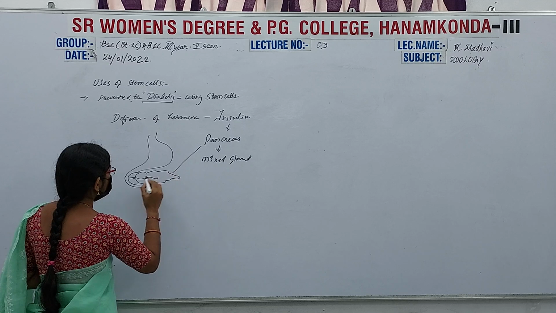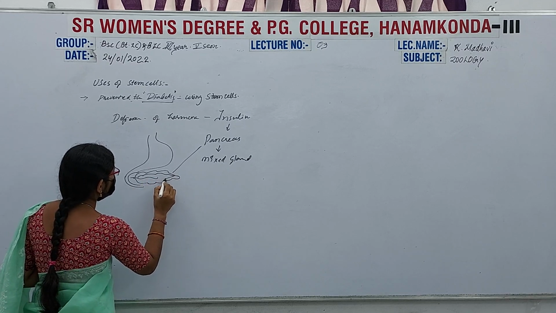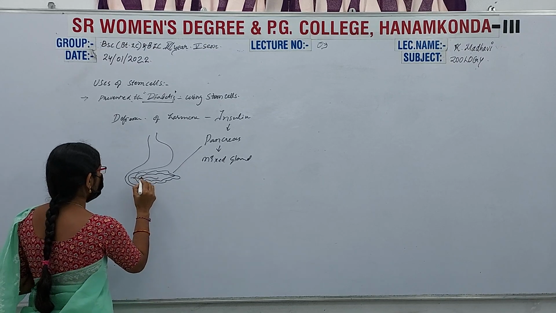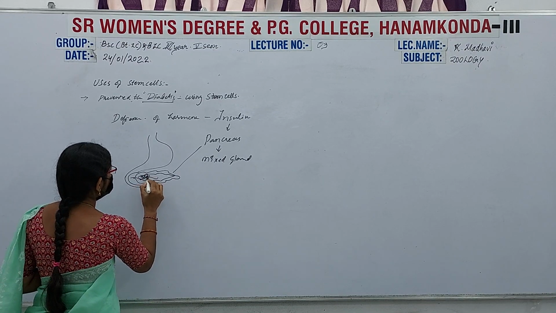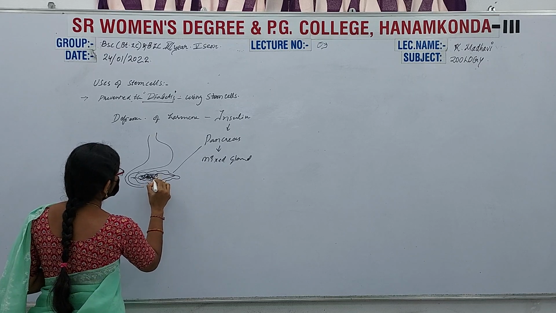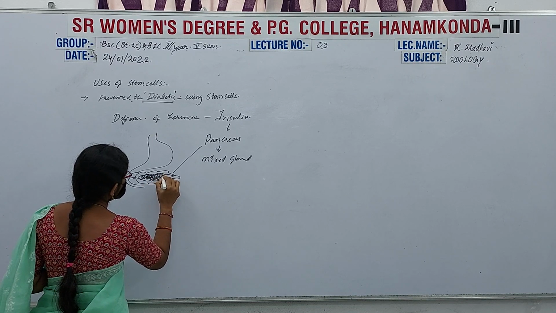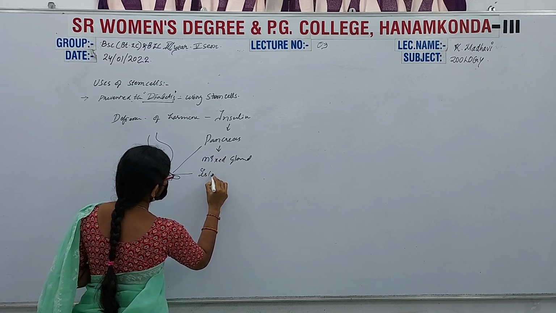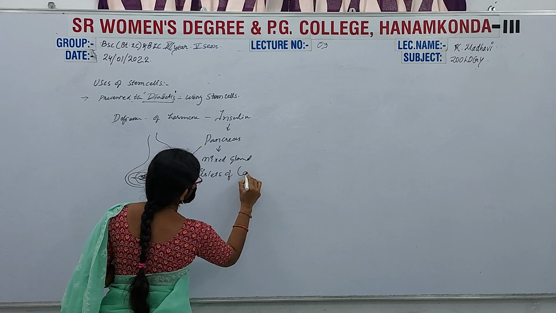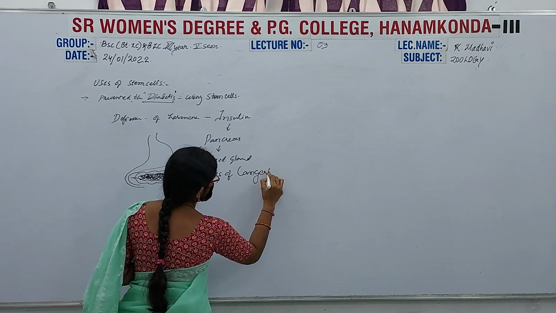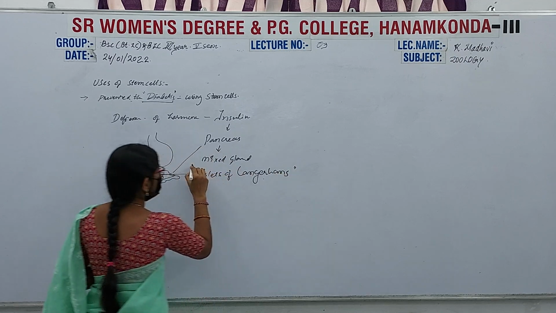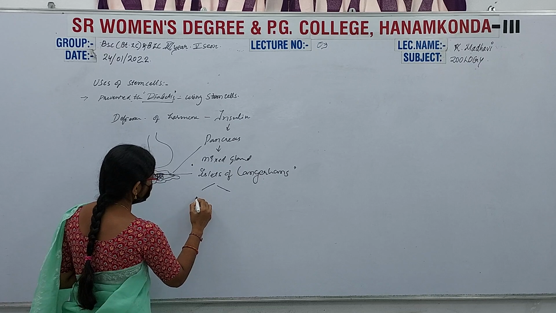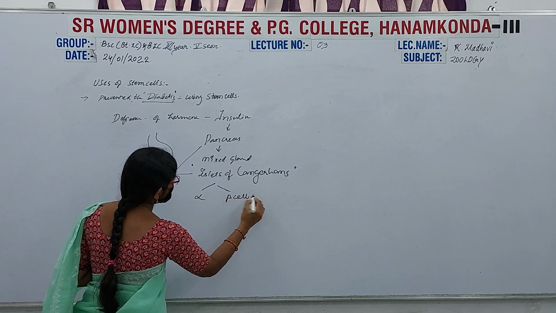This is the pancreas. In the transverse section of the pancreas, we find many islets of Langerhans. These islets of Langerhans synthesize or produce insulin. They contain two types of cells, alpha and beta, and many other types of cells.